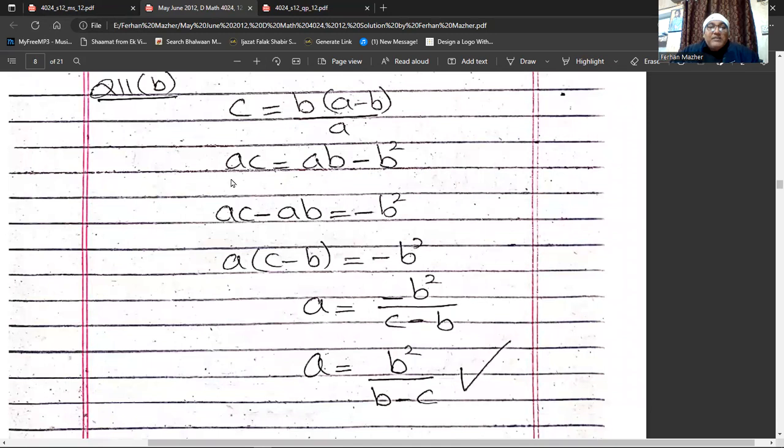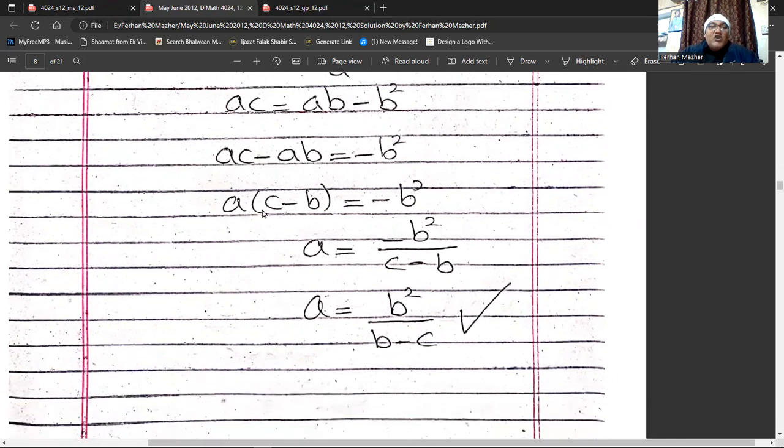So we will cross multiply here. So AC is equals to AB minus B square. This has the AB, so bring it on this side. So AC minus AB will be equals to minus B square. Take A common, so A, bracket C minus B, bracket close, equals to minus B square. And this bracket will go on the other side, it will divide.